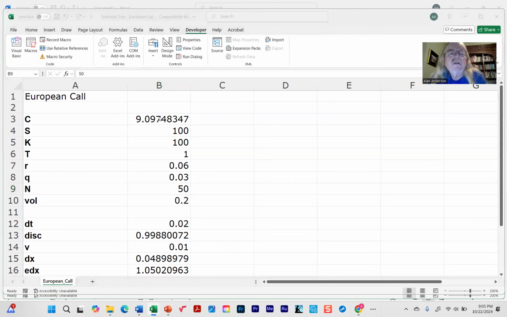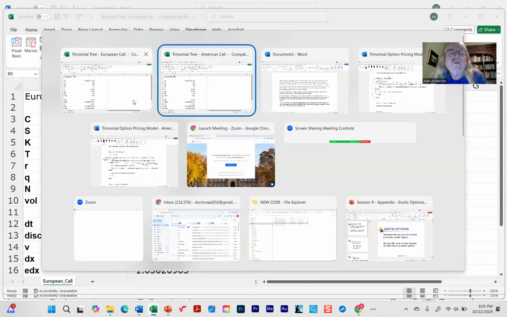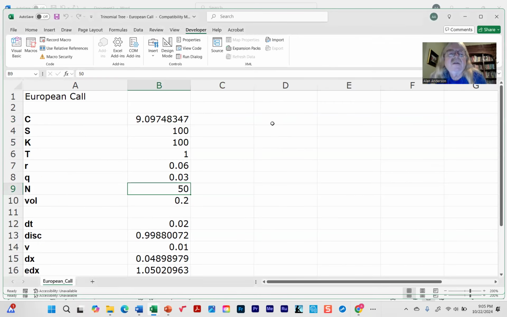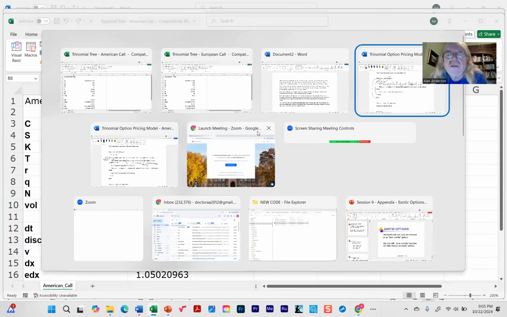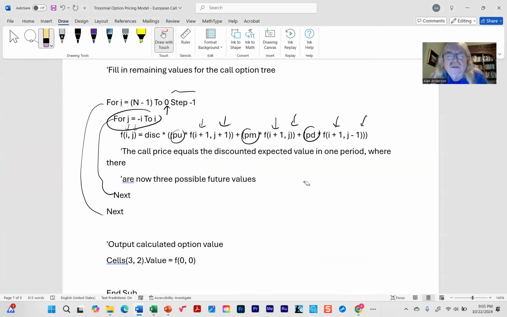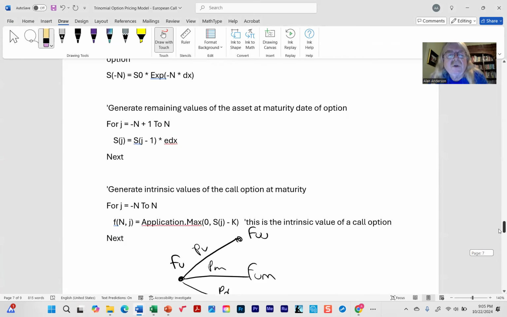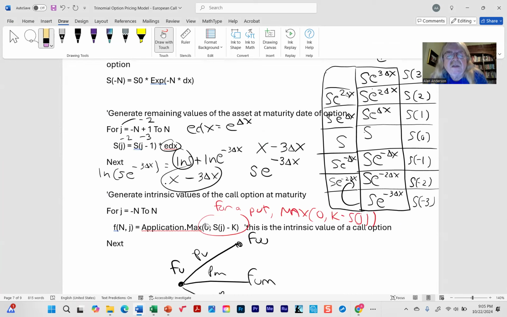So, anyway, I don't think we need to really spend a whole lot more time with trinomial option pricing models because except for the puts, where you just change the intrinsic values, like for example here, this is the European call that changes to a put. There's only one. Yeah, here it is.